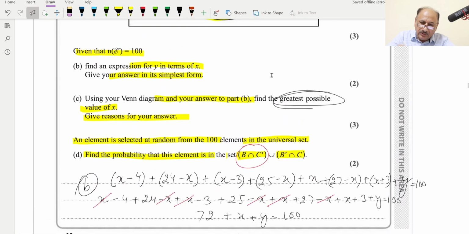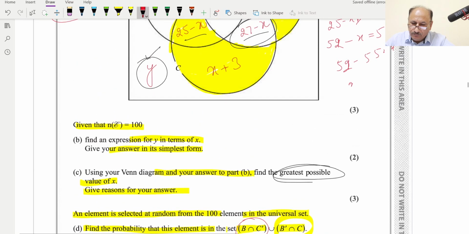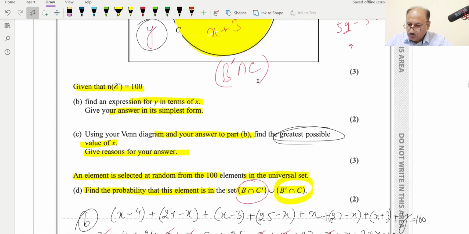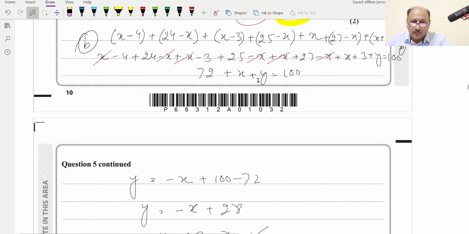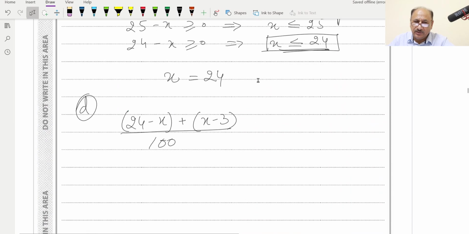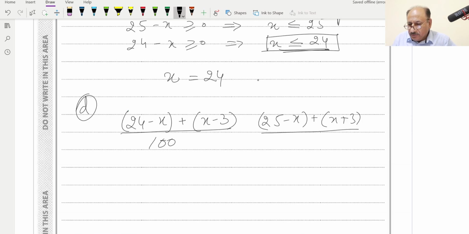This is basically B complement intersection C. So our equation we will write over here: 25 minus x plus x plus 3 divided by 100, and these two probabilities we have to add.